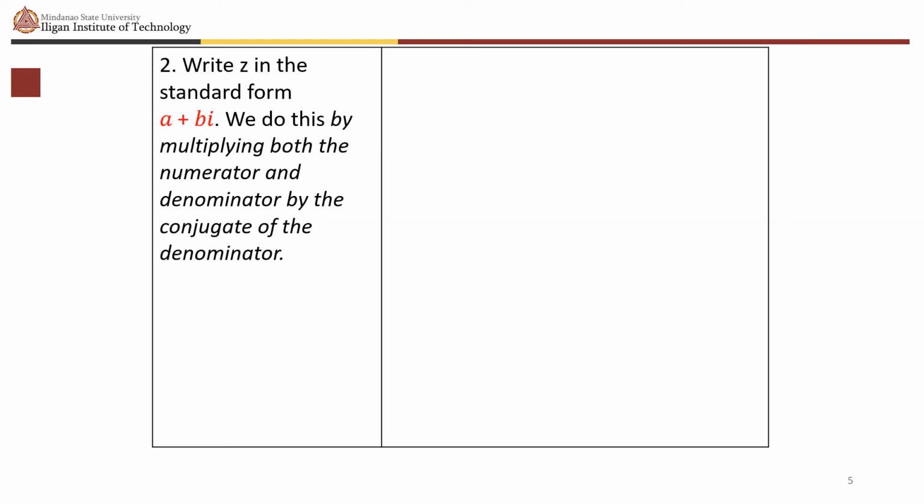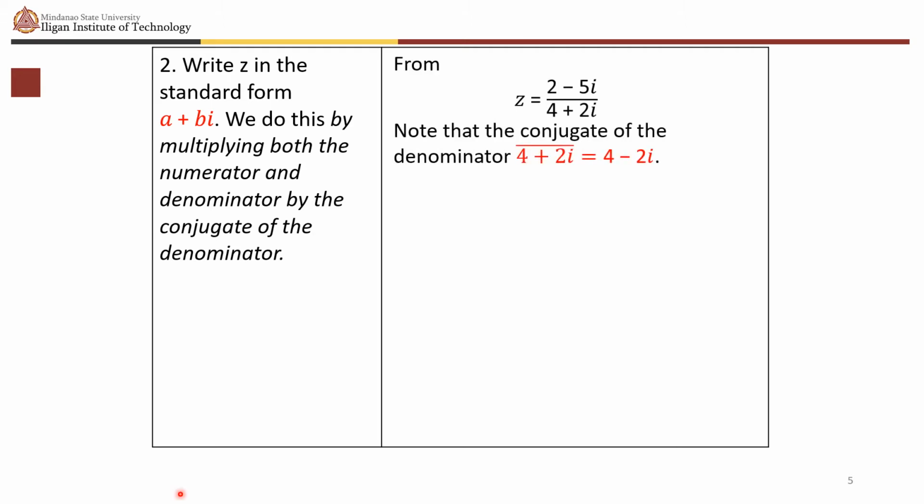The next step is to write z in the standard form a plus bi. We do this by multiplying both the numerator and denominator by the conjugate of the denominator. From z equals 2 minus 5i over 4 plus 2i, note that the conjugate of the denominator 4 plus 2i is 4 minus 2i.